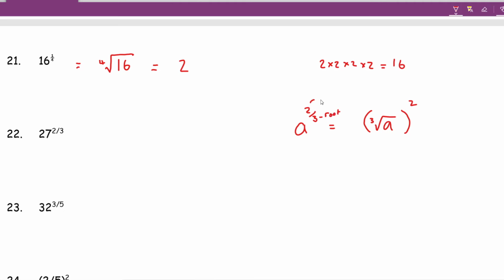It's all a power, but when it's a fraction, the bottom is the root of it, and the top one is the power. We'll do it as squares. So just remember that.